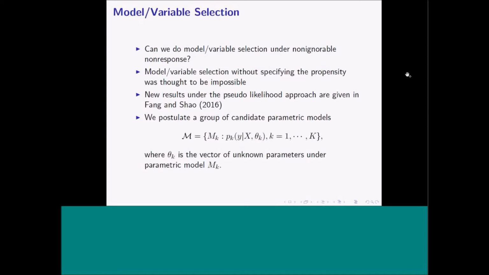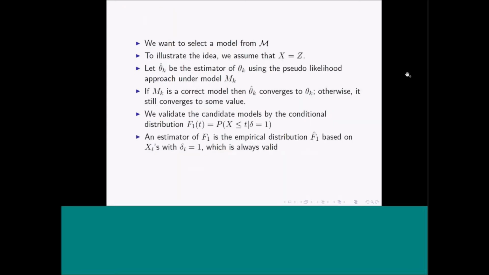So our proposed method uses this to build an estimate of the density of the covariate x. Because the covariate is always observed, we can actually estimate its density or distribution function.